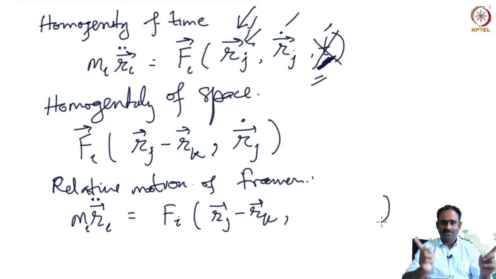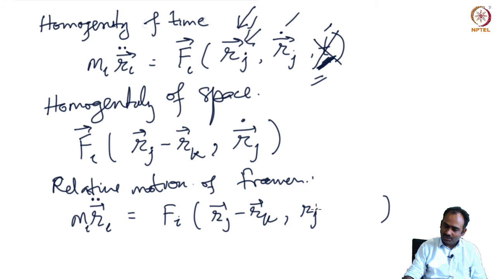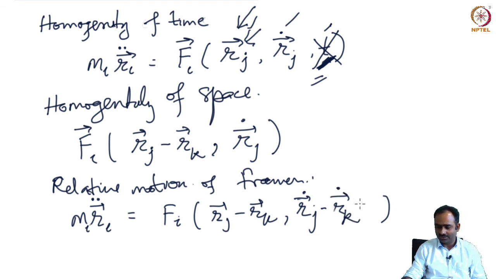Because when you take the difference, the additive part drops out. Which means that I should not have Rj dot, but I should have Rj dot minus Rk dot. Time was anyway gone.